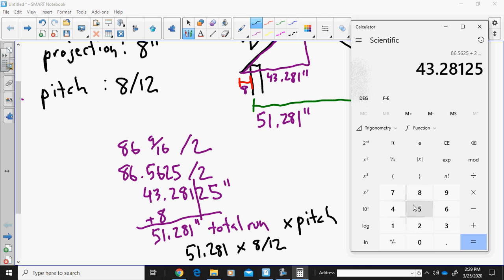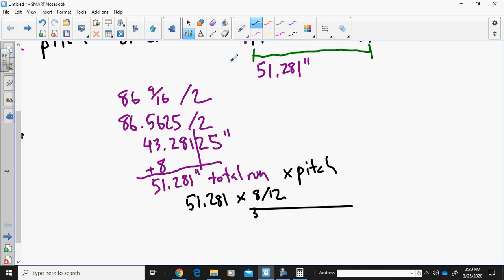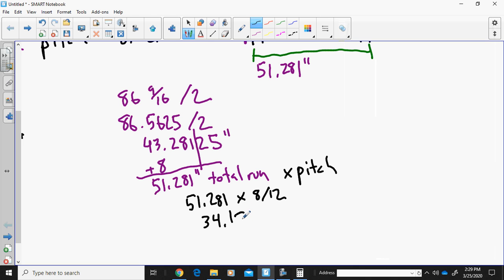Go to the calculator. 51.281 times 8 divided by 12, and that's going to give us 34.187 repeating. The next digit is a 3, so that isn't going to change it.